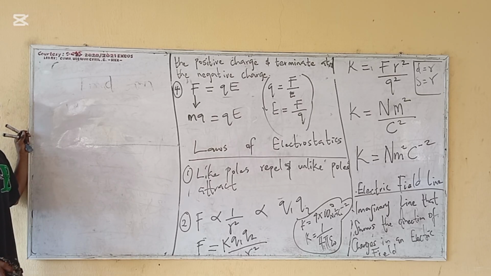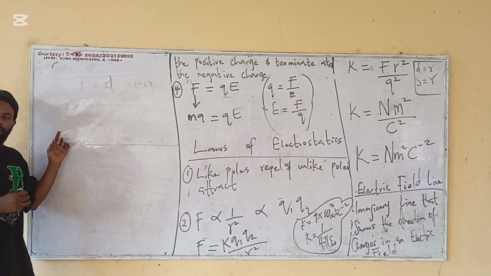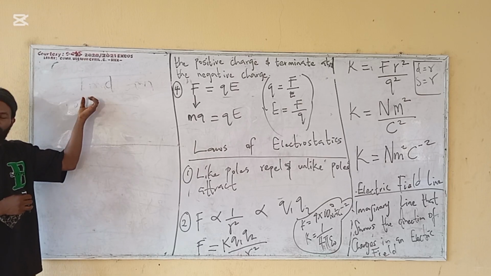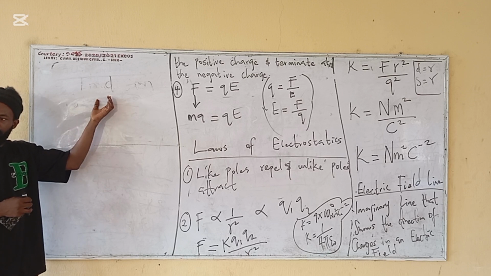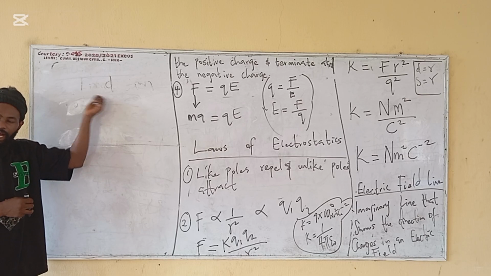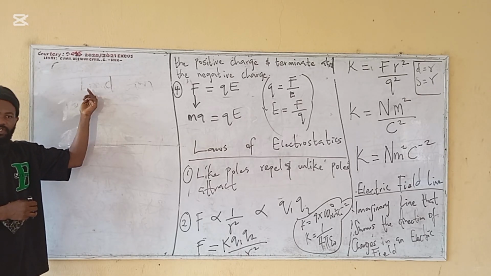But when it has to do with electric field intensity, I think electric field and electric field intensity are the same thing. It's just that intensity tells you the direction or how strong the charge found in an electric field is.